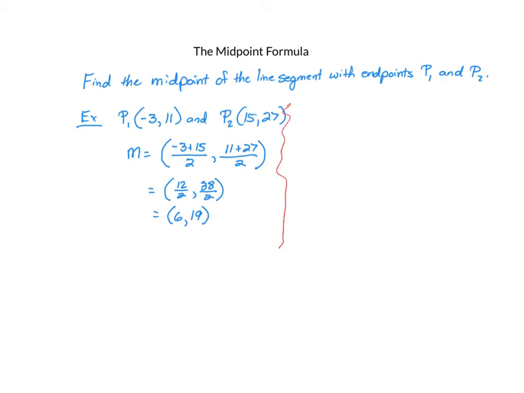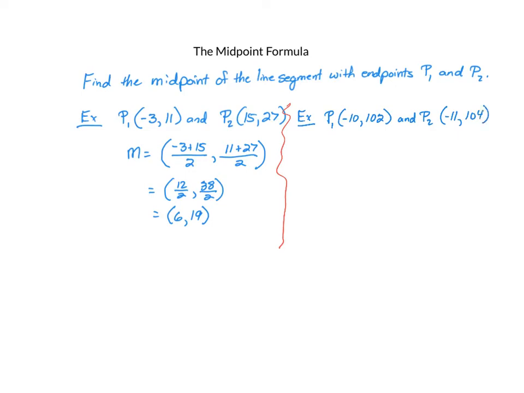And let me remind you with this example that sometimes you can see the midpoint pretty easily without the formula. Let me give you this example. We'll let P1 be the point (-10, 102), and we'll let P2 be the point (-11, 104).